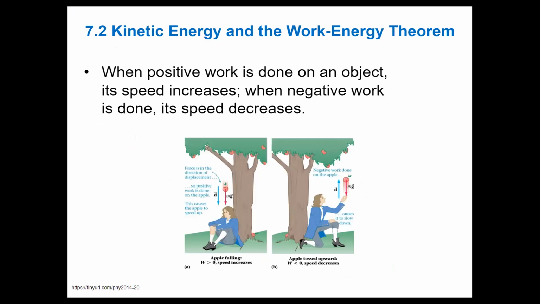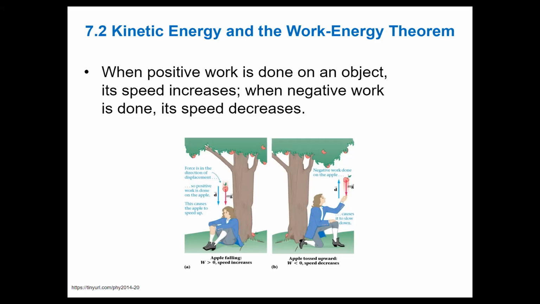If you have work done on the object, and the force and the displacement are in the same direction, that means you have positive work done. If you have positive work on the object, then the velocity or the speed of the object will increase.